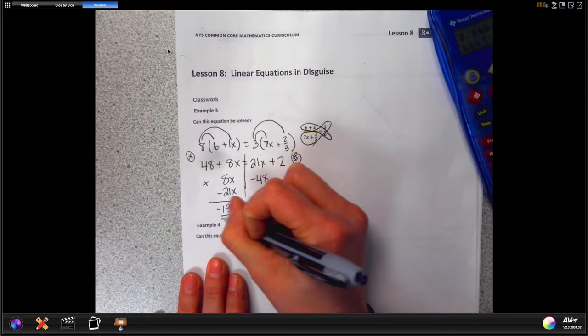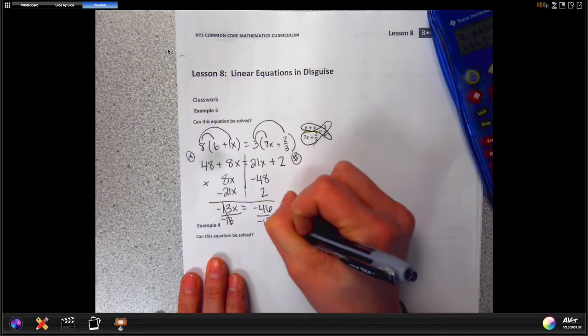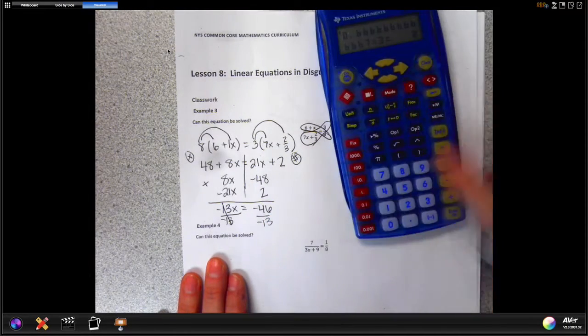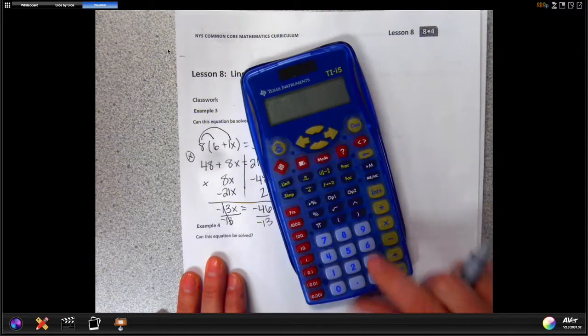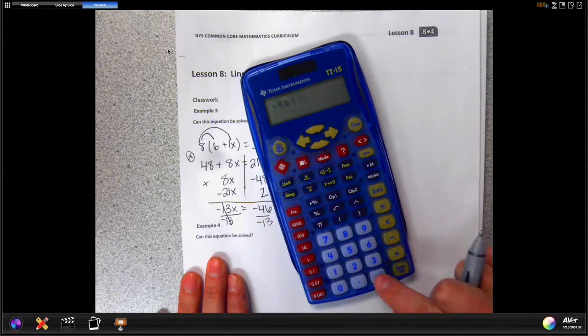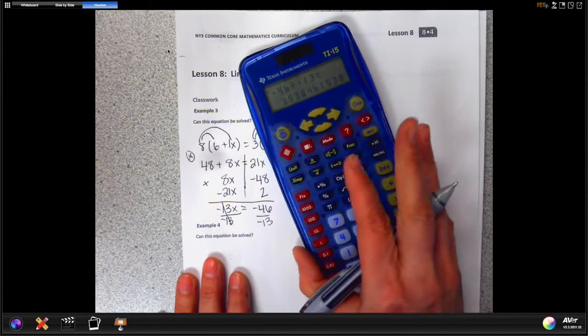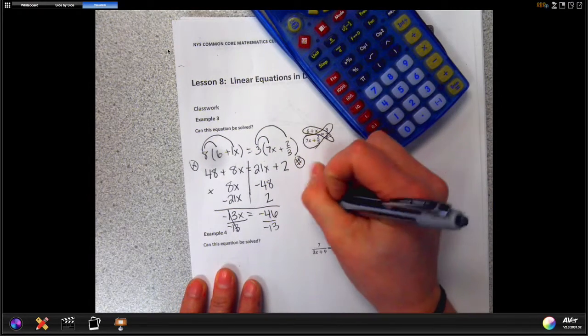So divide by negative 13 to cancel it out, and divide by negative 13 to get the answer. Now, don't forget, when you type that in your calculator, these are both negatives. So negative 46 divided by negative 13, and you get, and we're going to have to round here, a big long decimal. We're going to round it to 3.5. X equals 3.5.